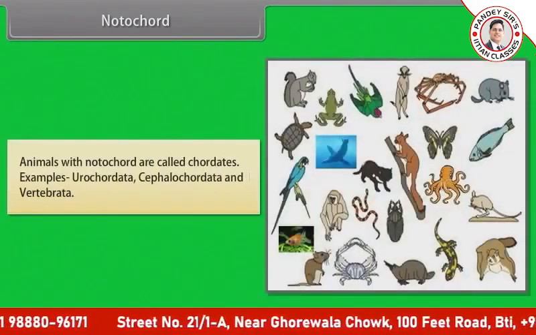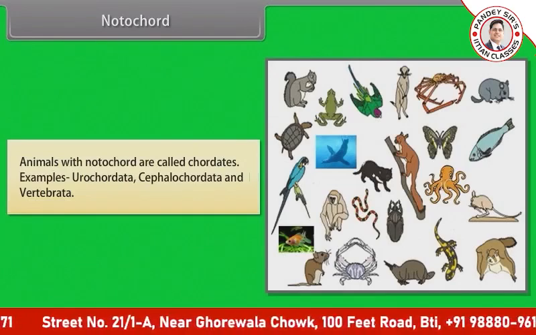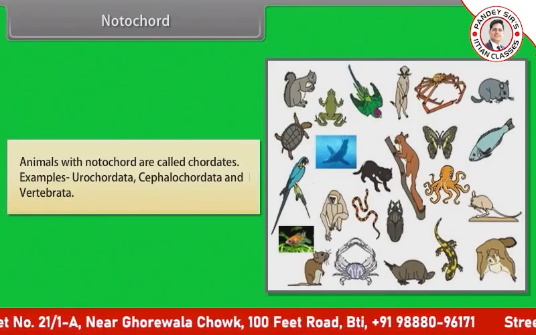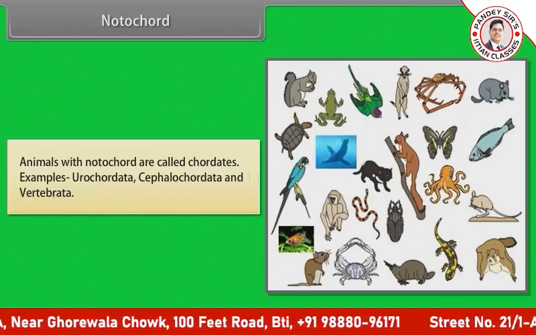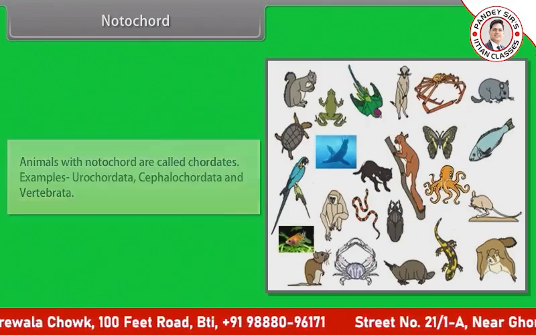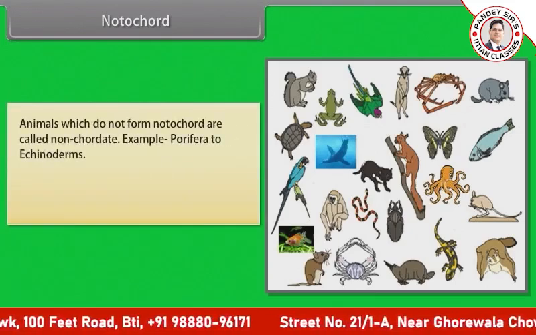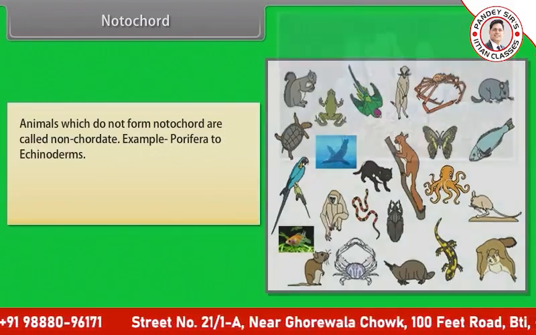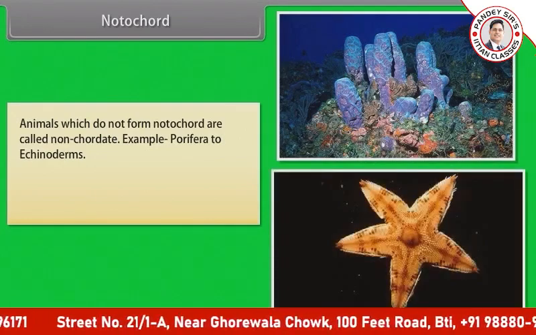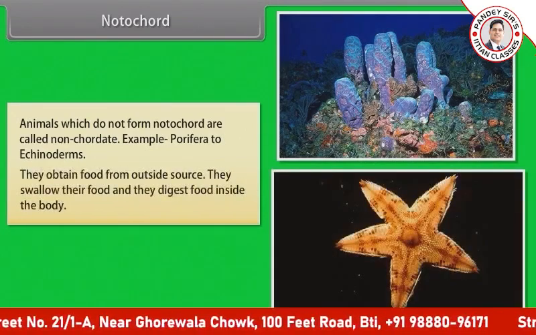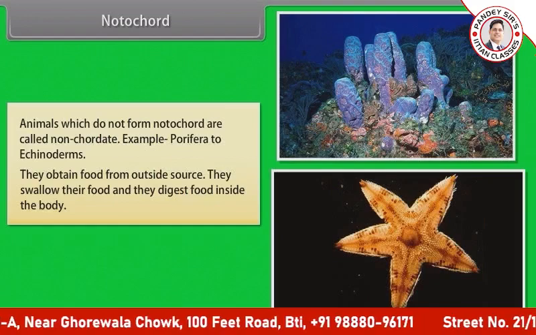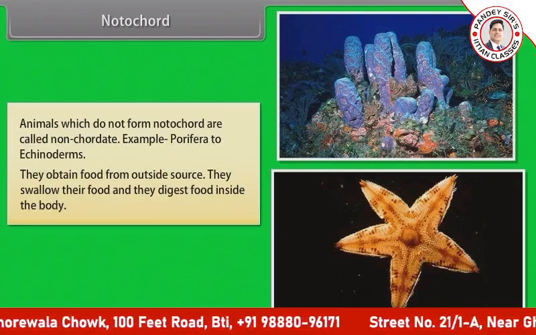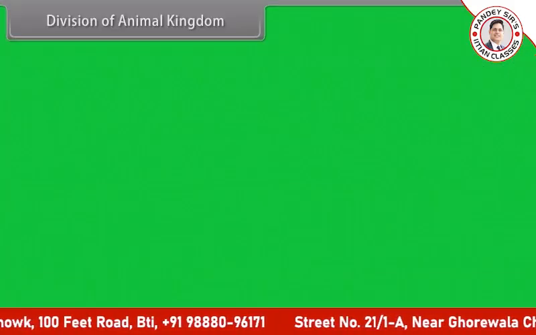Animals with notochord are called chordates. Example, Urochordata, Cephalochordata, and Vertebrata. Animals which do not form notochord are called non-chordates. Example, Porifera to echinoderms. They obtain food from an outside source. They swallow their food and they digest food inside the body.